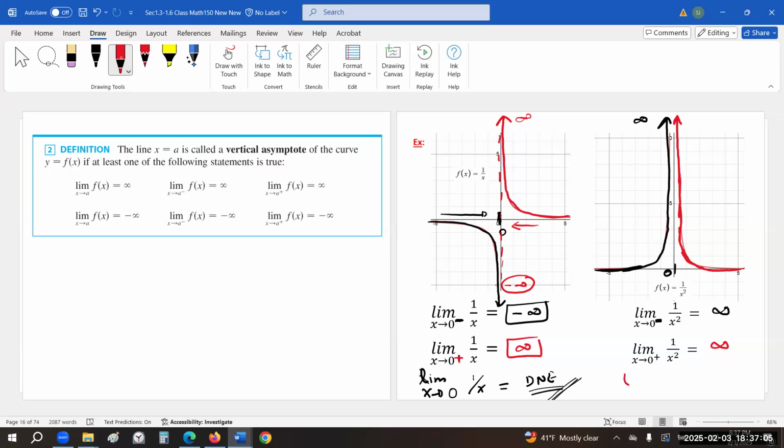Now, in this case, what is the exact limit at 0? Wonderful. It's infinity this time because our left side and right side give the same result. They're not a number, but we don't care as long as they're giving us the same thing. If you have the same thing, the limit is that thing. But if you don't have the same thing, the limit doesn't exist.